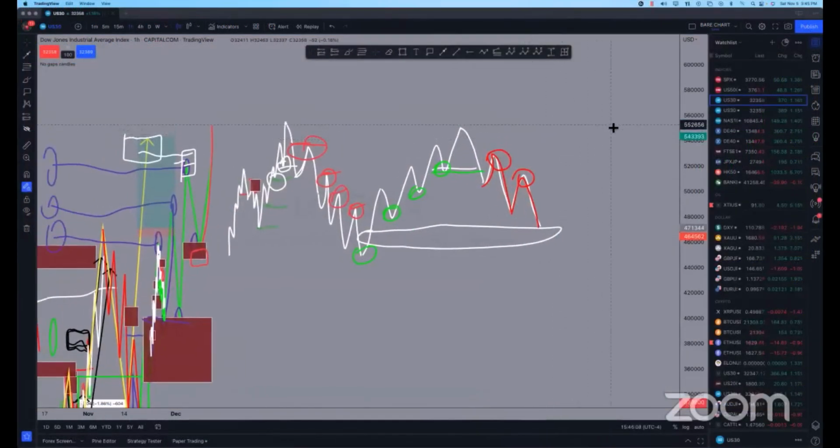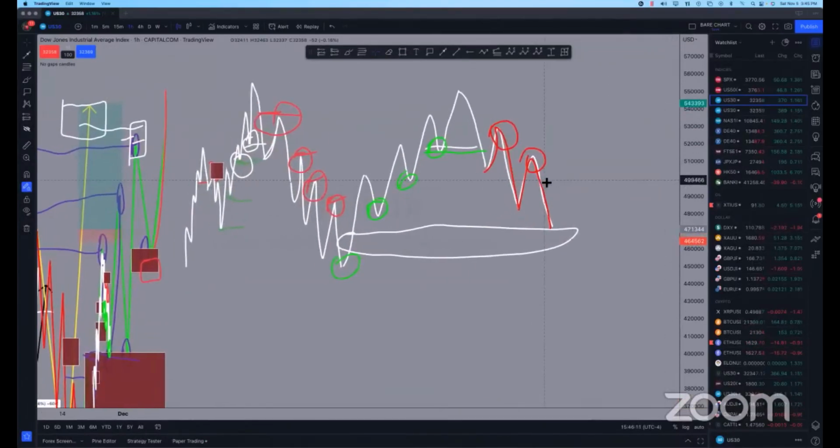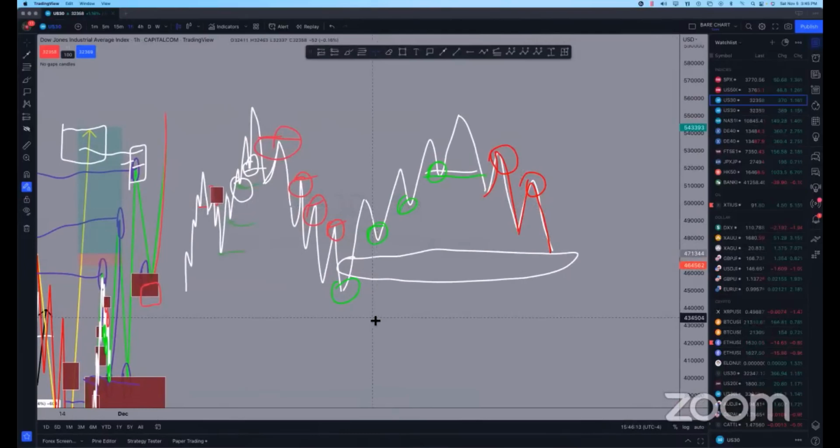Y'all ready? Here's a banger that a lot of people don't know. Some people do, in my group, because I teach it. The market, if you're counting the pullbacks, these little pullbacks where the market keeps going back and tapping into something, oftentimes you get 4 to 6 pullbacks, and oftentimes the seventh one fails.